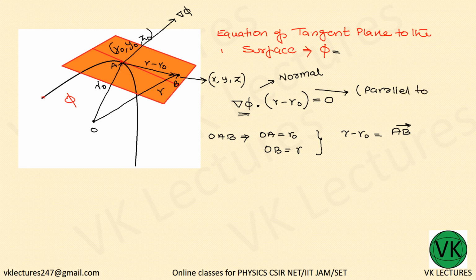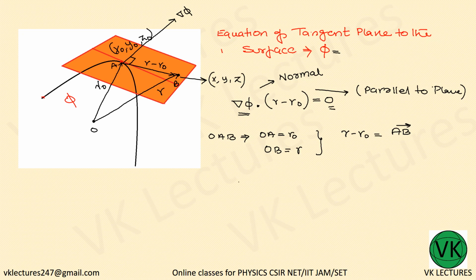and perpendicular to this phi, parallel to the plane, which means when you take the dot product, del phi dot r minus r naught will be equal to 0, because this angle will always be 90 degrees.